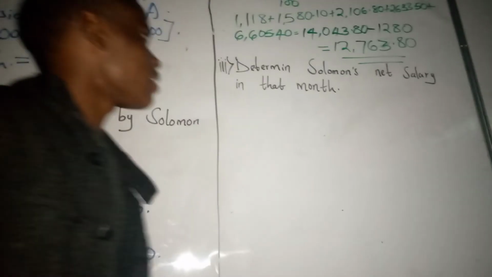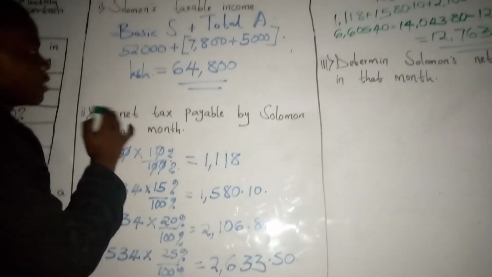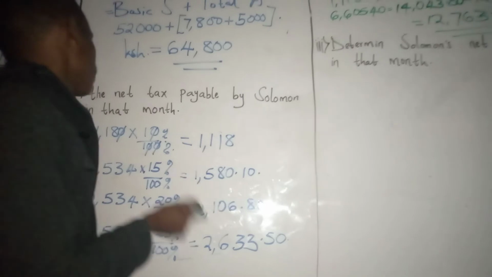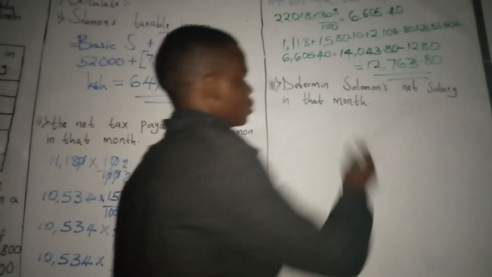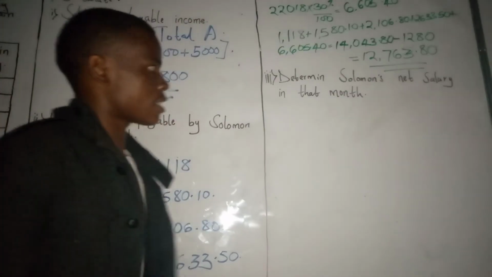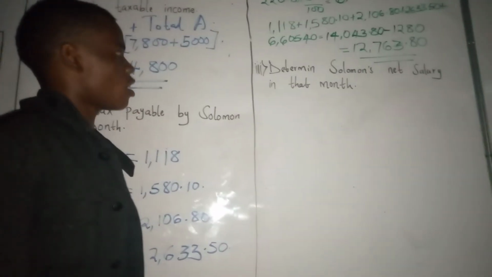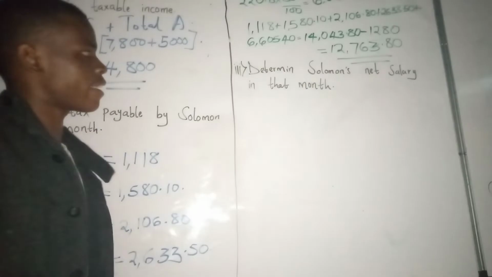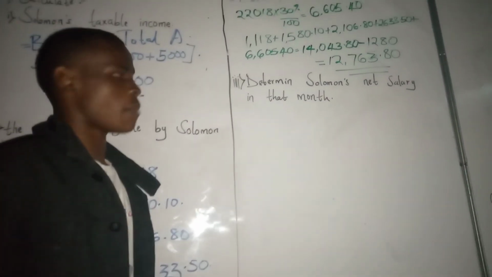So that's our answer of this question, which states the net tax payable by Solomon in that month.